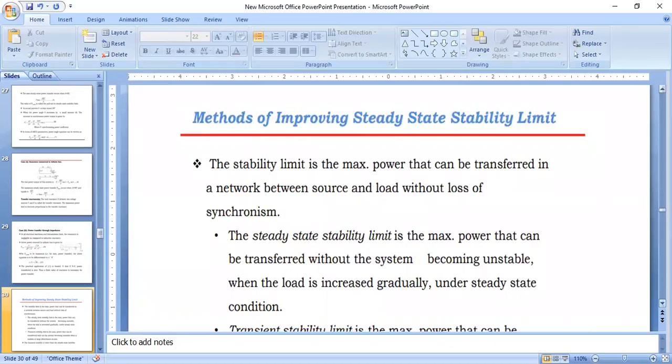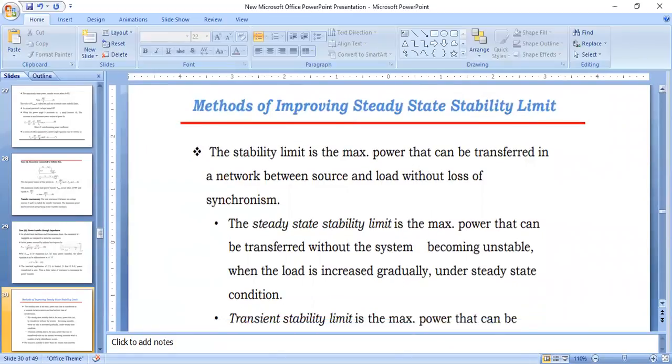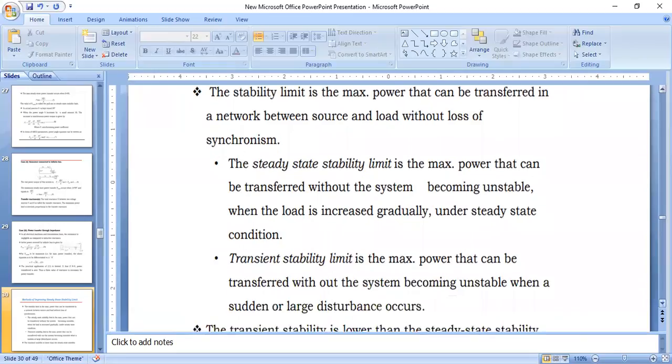Methods of improving steady state stability limit. The stability limit is the maximum power that can be transferred in a network between source and load without loss of synchronism. The steady state stability limit is the maximum power that can be transferred without the system becoming unstable when the load is increased gradually under steady state condition.